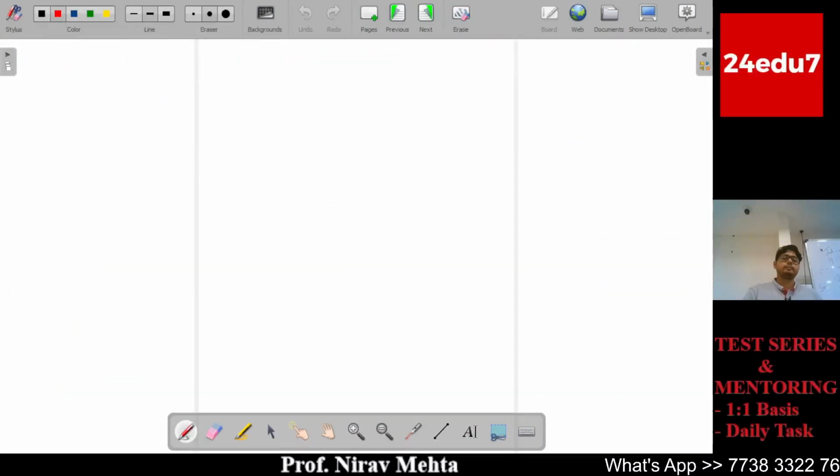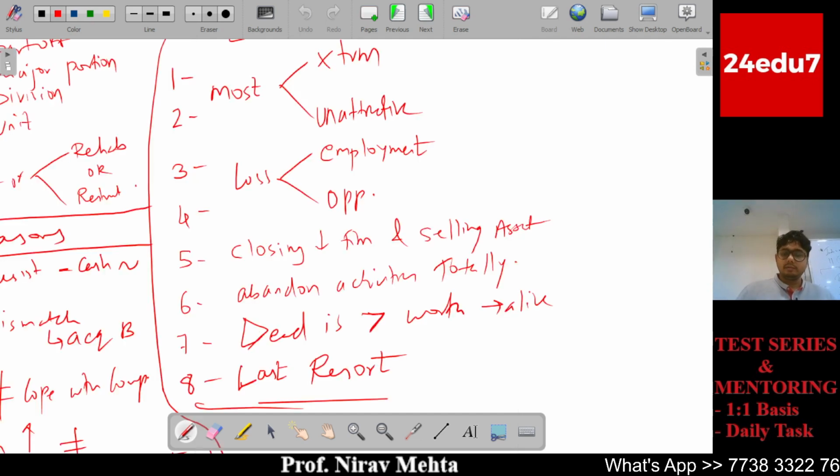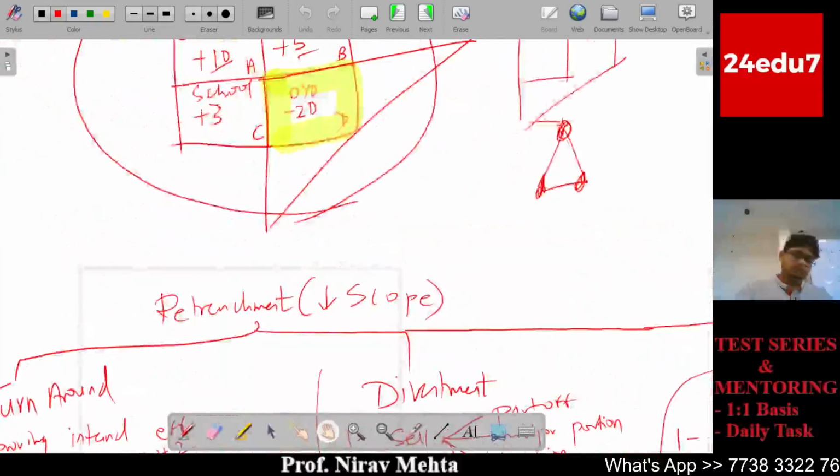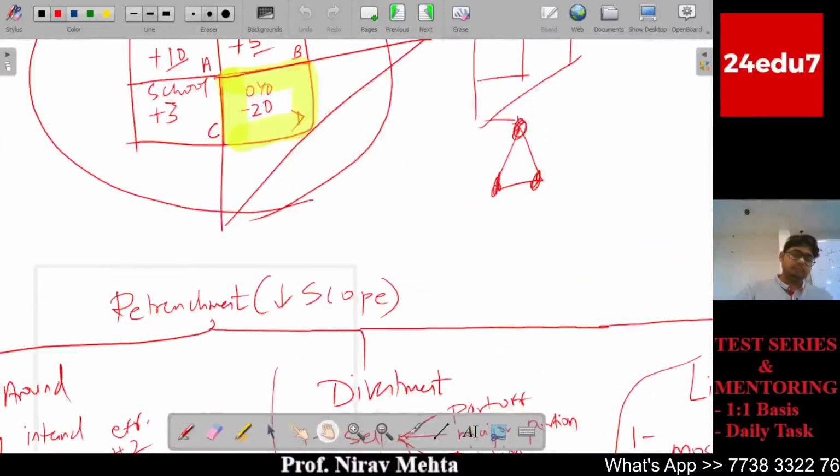Now, sell major portion, unit, part of division. Correct? Part of dash and dash or dash. Part of dash or dash. Done. Rehabilitation or restructuring.